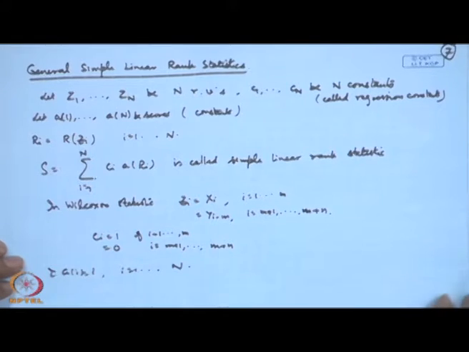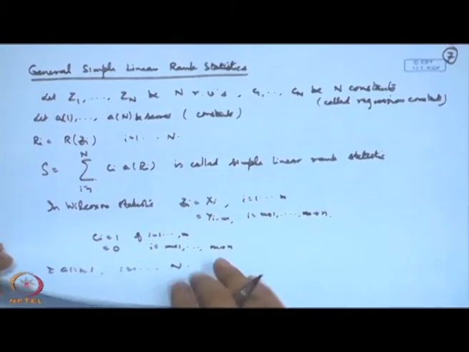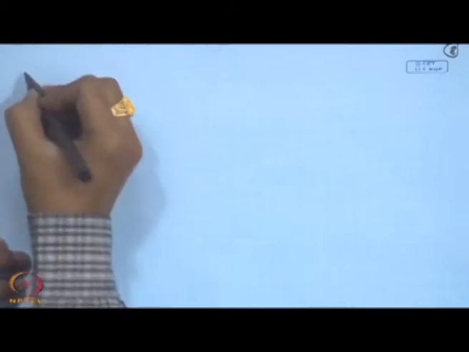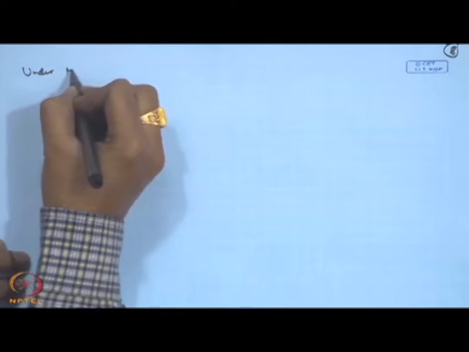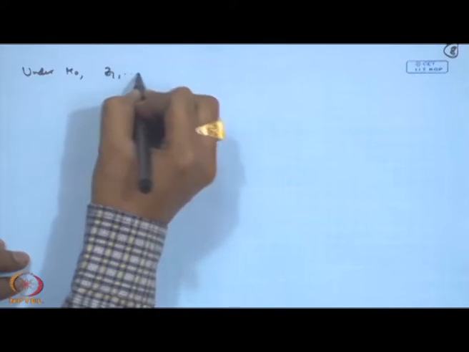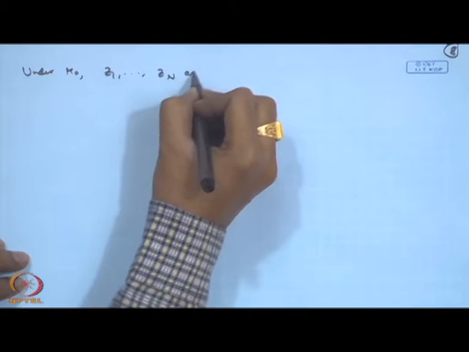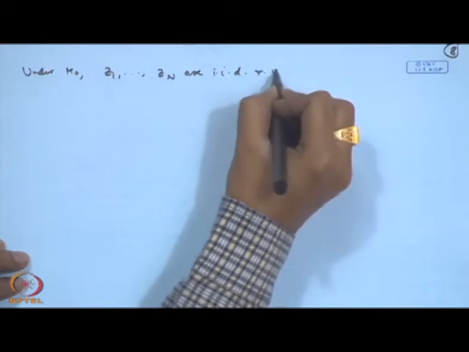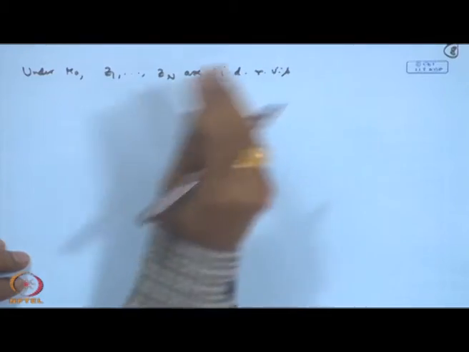Let us also consider what happens under H naught. Under H naught, these Z1, Z2, ..., Zn become independent and identically distributed random variables, because they are coming from the same distribution if f is equal to g.